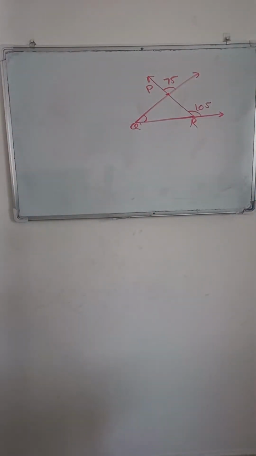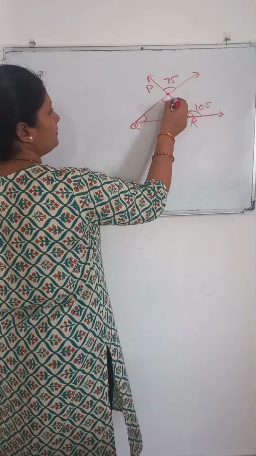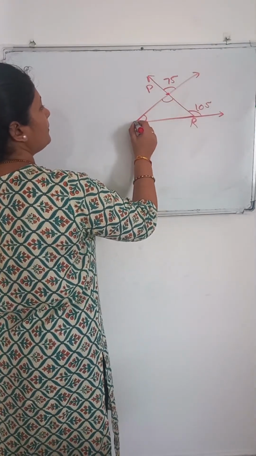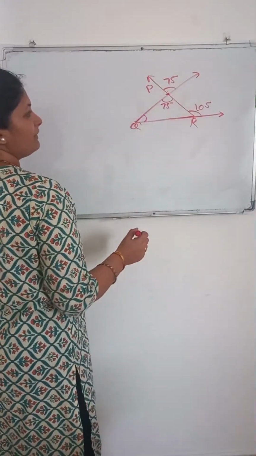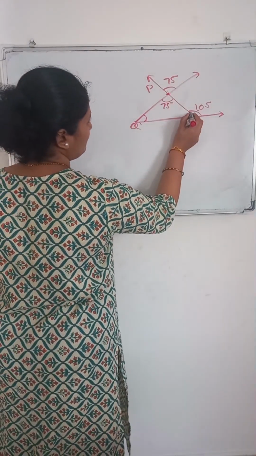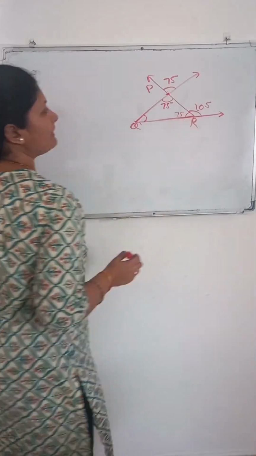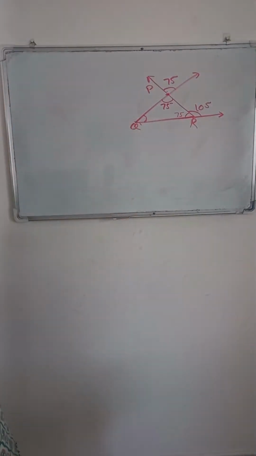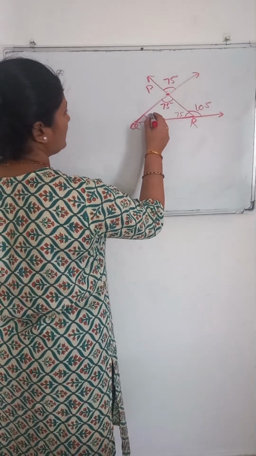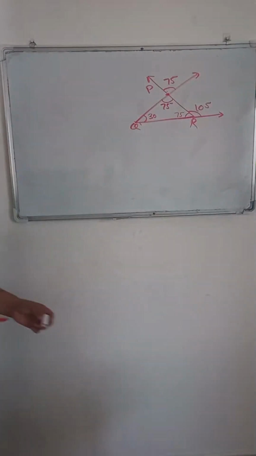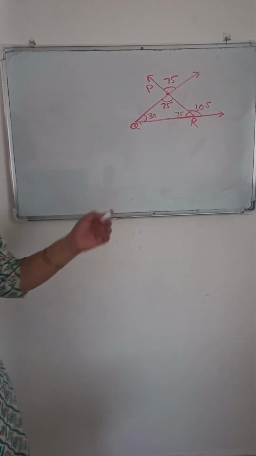So this angle, QPR, is a vertically opposite angle. So this is 75, so this is 105. Then this is also 75. Then the remaining angle you can calculate, no? So 150, that is, this angle is 30. Because the triangle angle sum is how much? 180.